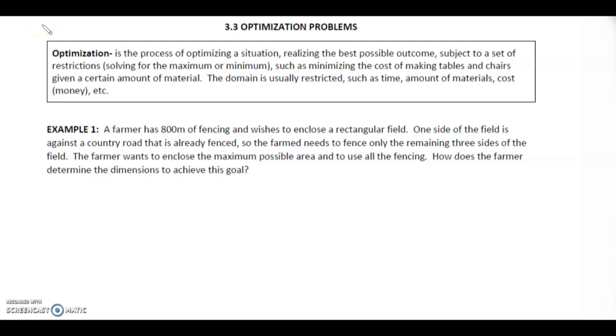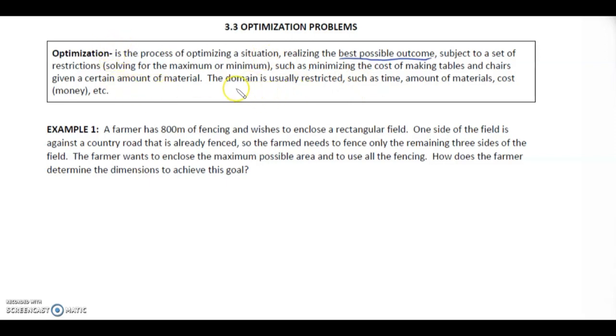3.3 optimization problems. Okay, so let's start with what is optimization. Optimization is the process of optimizing a situation, realizing the best possible outcome, subject to a set of restrictions. So what we're going to do is solve for the maximum or minimum, such as solving for a minimum if we're minimizing the cost of making maybe a table or chairs, given a certain amount of material.